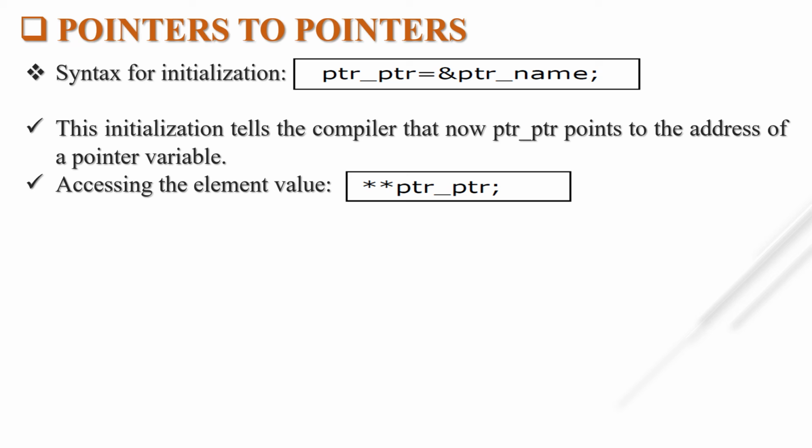Suppose here is the syntax of initialization of pointer to pointer. So how can we initialize pointer to pointer? Similar to pointer. Suppose ptr_ptr is a pointer to pointer. I am using int **ptr_ptr, so the compiler will know this is a pointer to pointer.